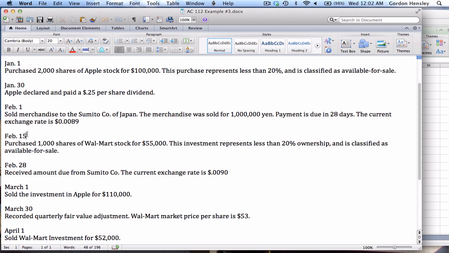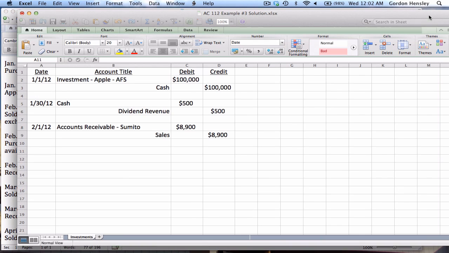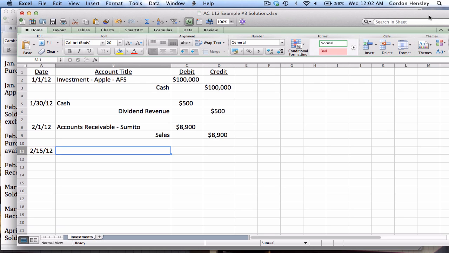Now, February 15th, the next transaction. We purchased 1,000 shares Walmart stock for $55,000. It represents less than 20% ownership. We're going to classify it as available for sale. Well, that's not going to be too bad because we just had a transaction very similar to that on the 1st. So we will just debit investment, but this time it's a different company.